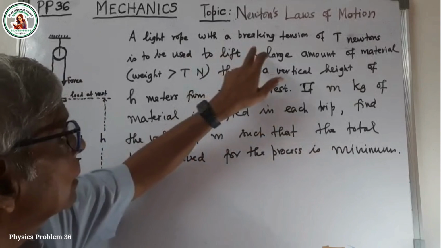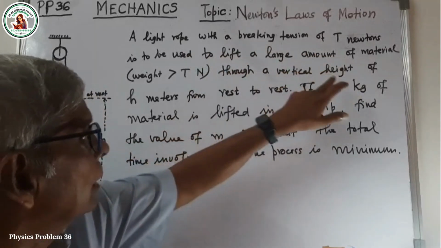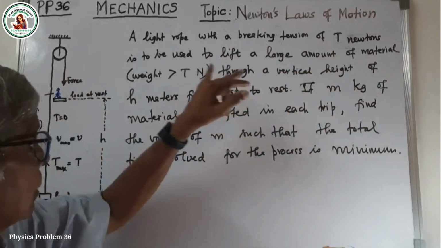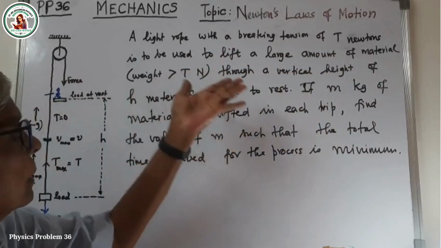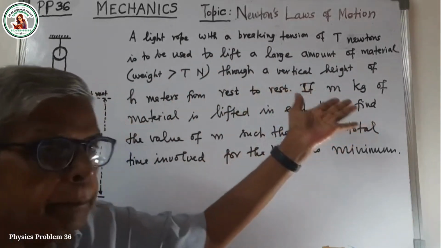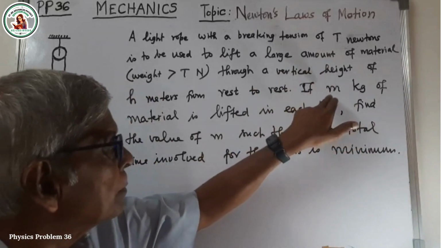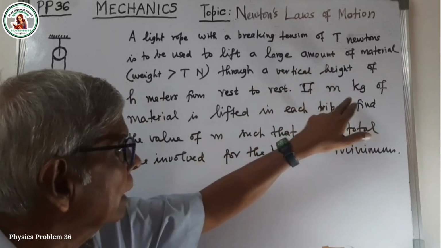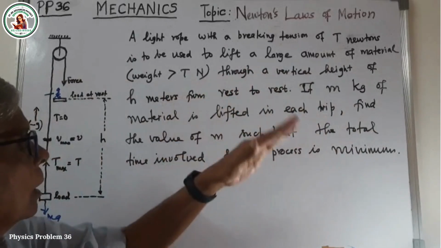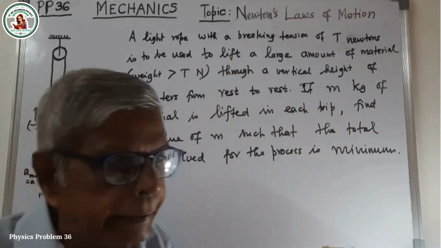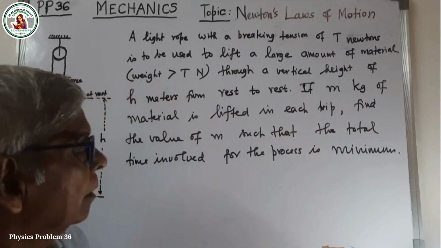Now here a large amount of material is to be lifted, whose total weight is more than the limiting tension or the breaking tension of that rope. So we lift it in smaller quantities like m kilogram, so that the weight will be less than T newtons.